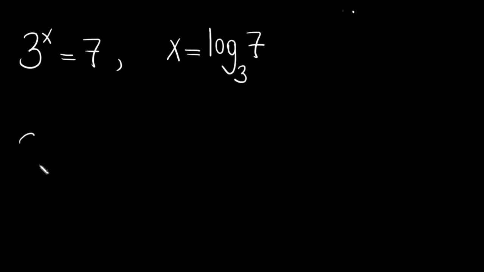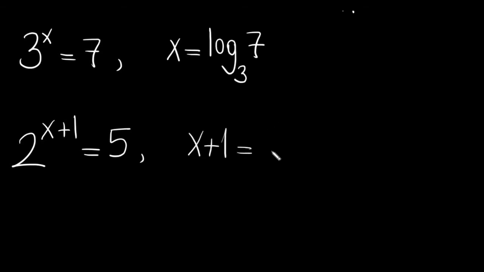So let's say that we have 2 to the power of x plus 1 is equal to 5. Then the exponent is x plus 1. So x plus 1 is going to be log, the base is 2 here, so log base 2 of 5. And let's do another one.